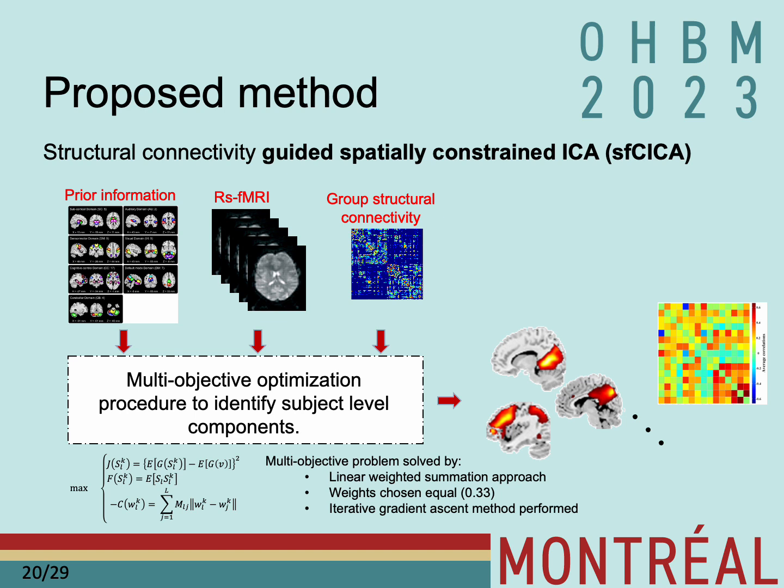To solve this problem, we perform a linear weighted summation of the objectives with equal weights to include equal effect from the different objectives. By solving this problem, we have individually optimized components, and we can then perform any further process such as functional connectivity estimation.